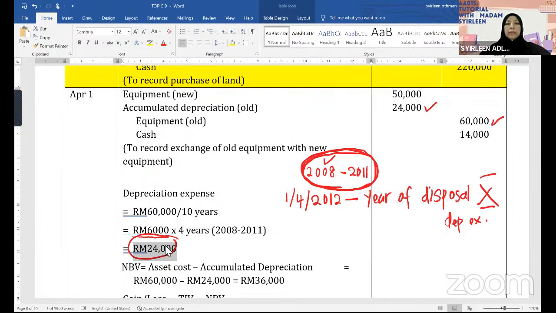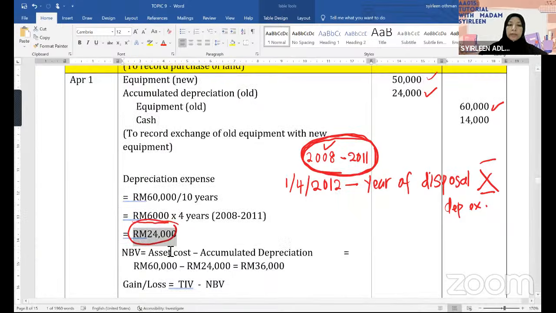Okay. Alright. So berapa nilai aset baru yang kita beli? Sama, 50,000. Okay. So how much is your cash paid? Cash paid macam madam cakap tadi sama je. Awak kira nilai aset lama tolak accumulated depreciation. Sorry.